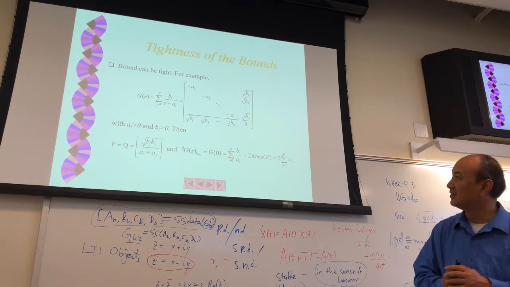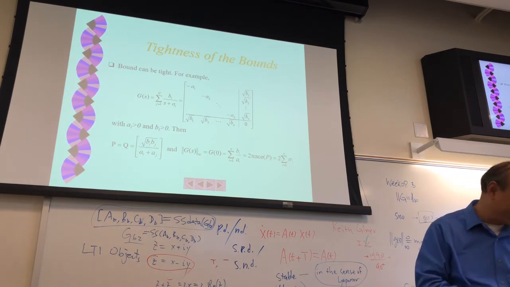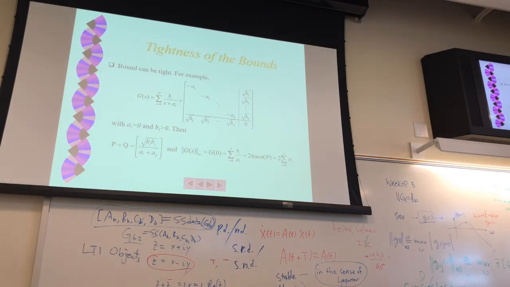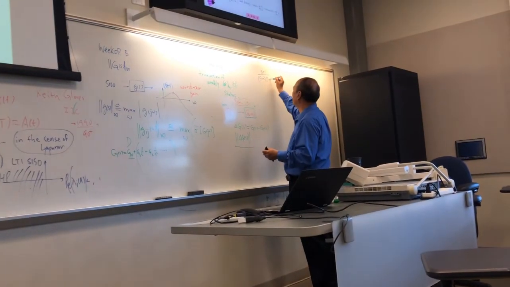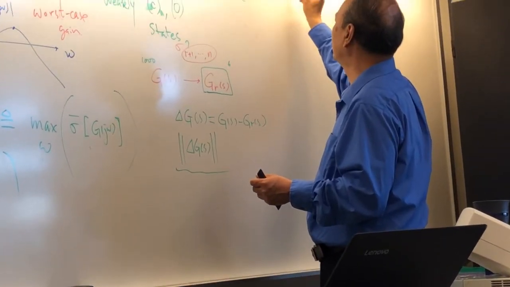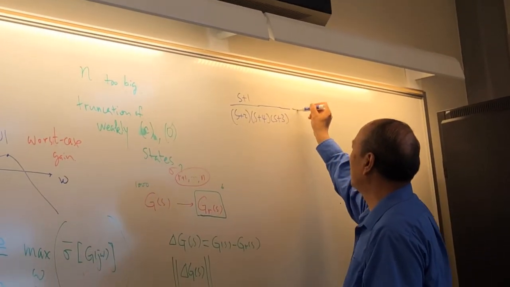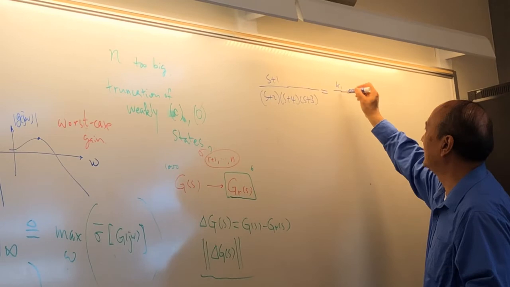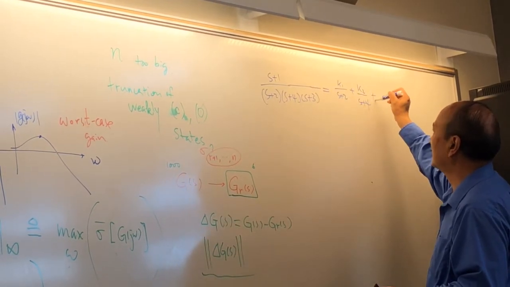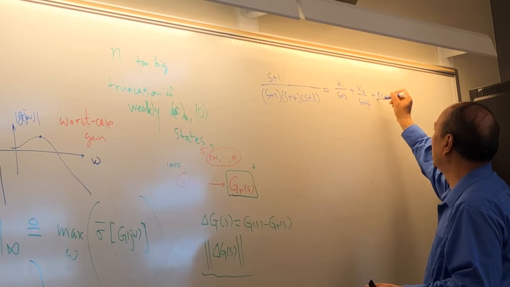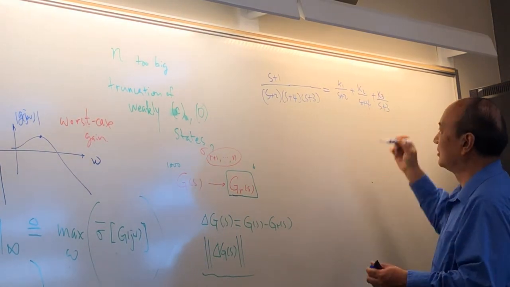I'm not sure you understand what I'm saying here, so let me give you an example. You have a transfer function (s plus 1)(s plus 2) over (s plus 4)(s plus 3). I want you to write this as K1 over (s plus 2) plus K2 over (s plus 4) plus K3 over (s plus 3). Do you know how to do that?